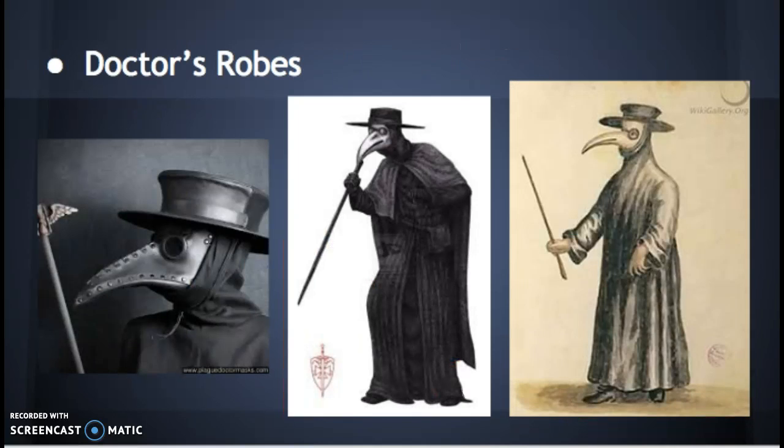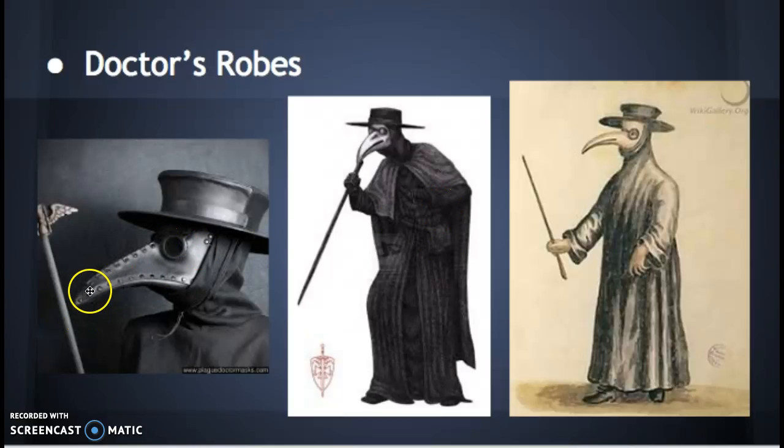You also have doctor's robes, and I'll show you this picture here. If you watched that first video, you would have seen these doctor's robes in that video. Essentially, they would cover themselves in these long black robes, trying to protect themselves from the plague if they were treating people.